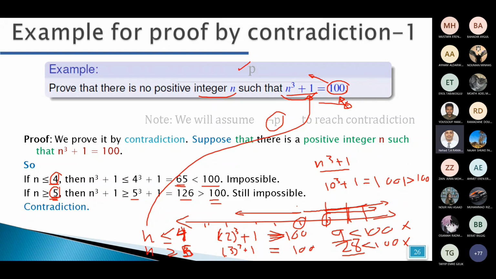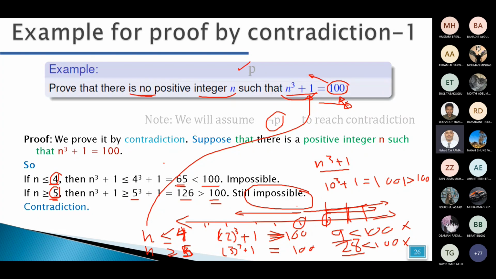So you cannot get a number for n such that n to power 3 plus 1 gives you 100. It's impossible. So we reach an impossible assumption here.